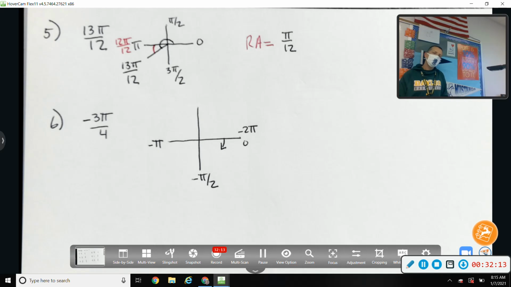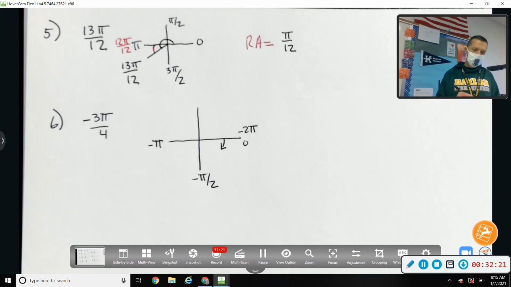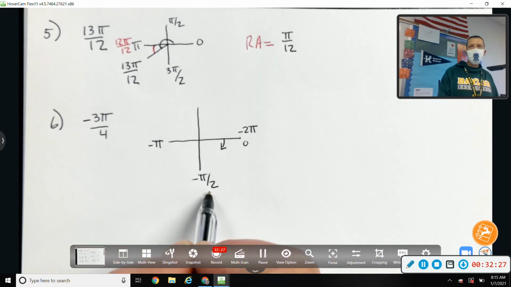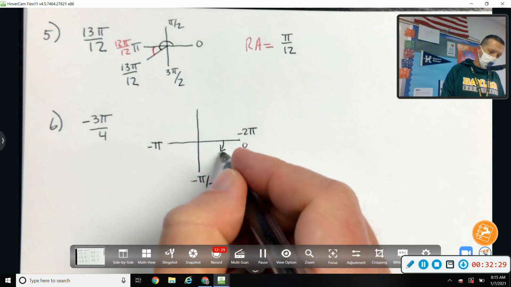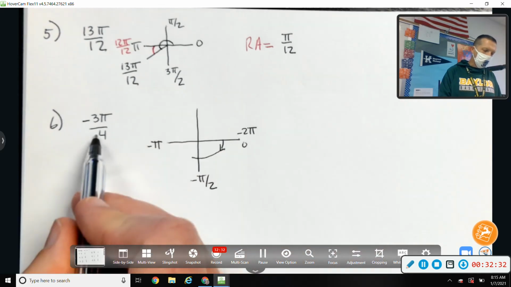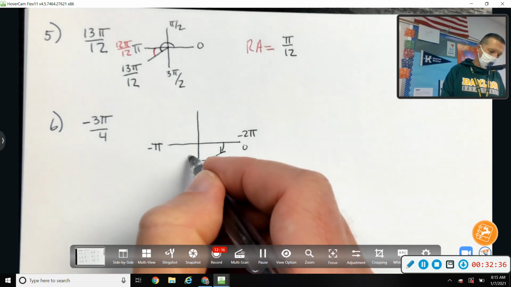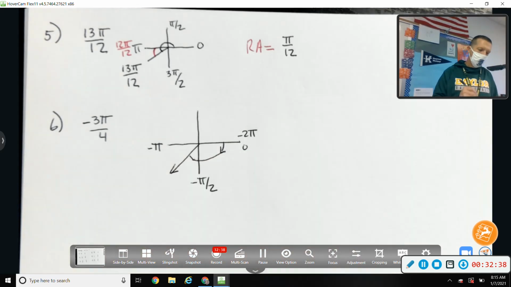Negative 3/4. So if I rotate negative 3 pi over 4, do you know what quadrant we'll land in? How does 3/4 compare to 1/2? A little bit more. How does 3/4 compare to 1? Yeah, not quite there. So somewhere into that third quadrant is where we'll land.